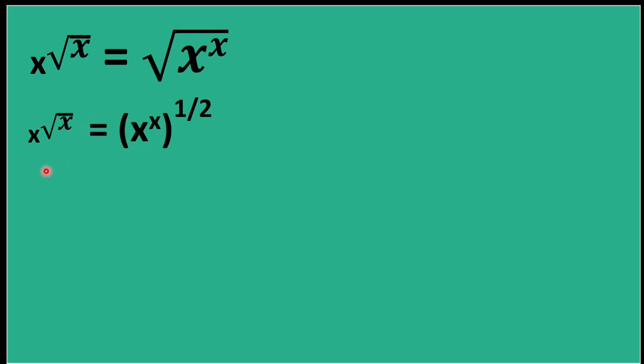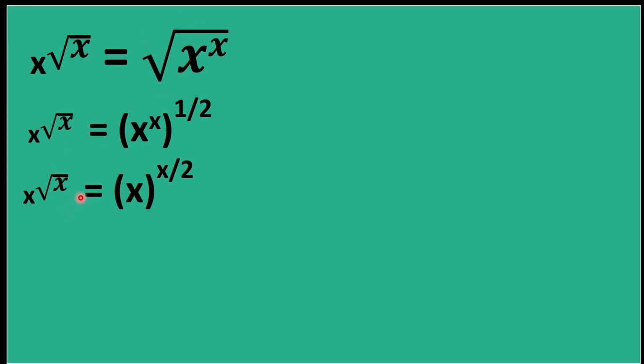So we can write this equation as x power square root of x, which is equal to x power x, all power 1 divided by 2, because square root is equal to power 1 divided by 2.